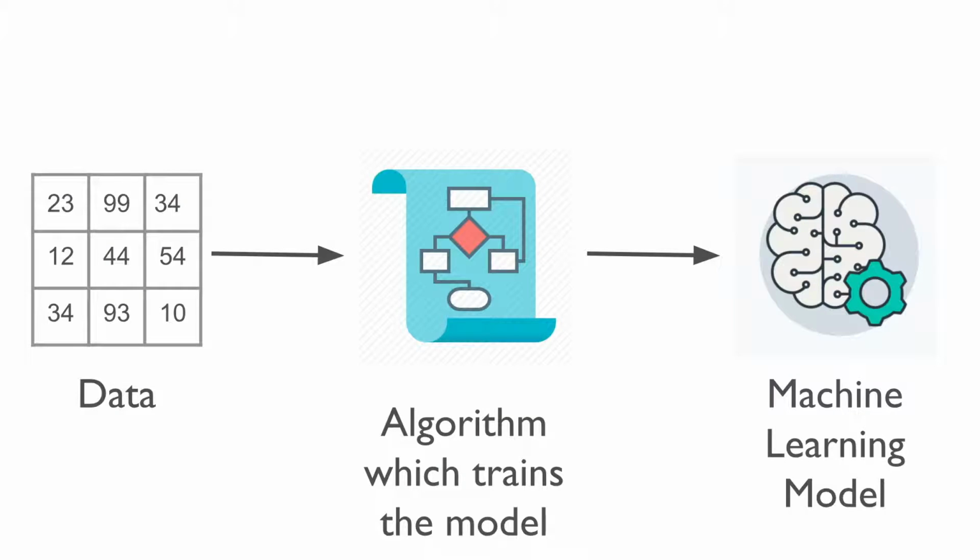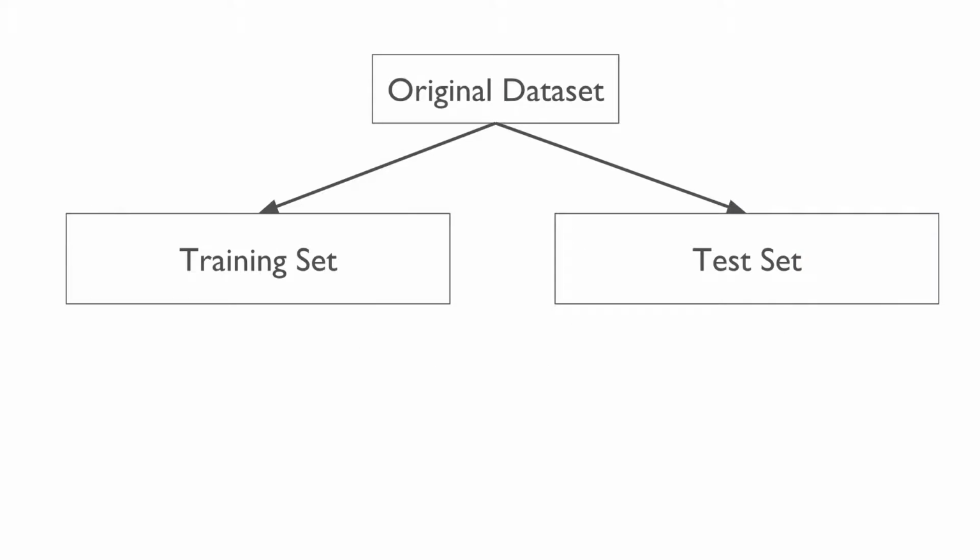We learned that once we have formatted our data in the form of a table of numbers, we can feed it to the algorithm to train our model. But how would we know if the trained model's predictions are good or bad? To solve this problem, we break the dataset into two sets, training and test.